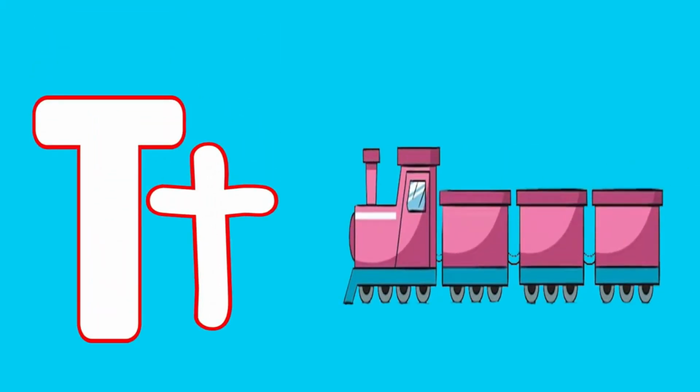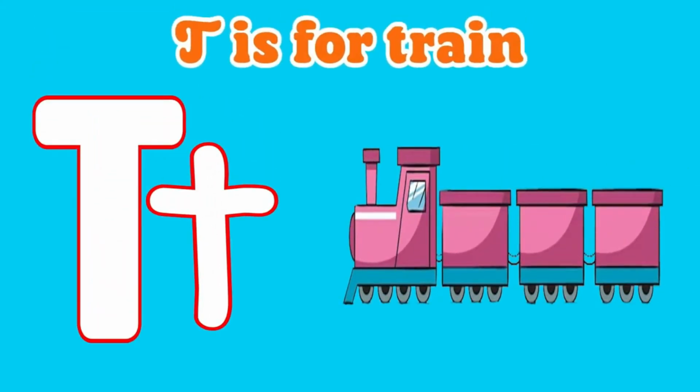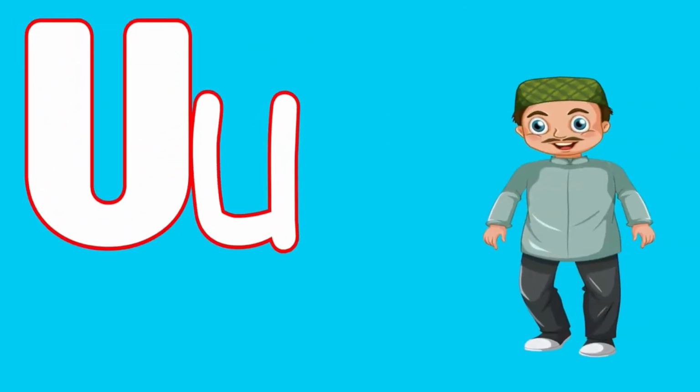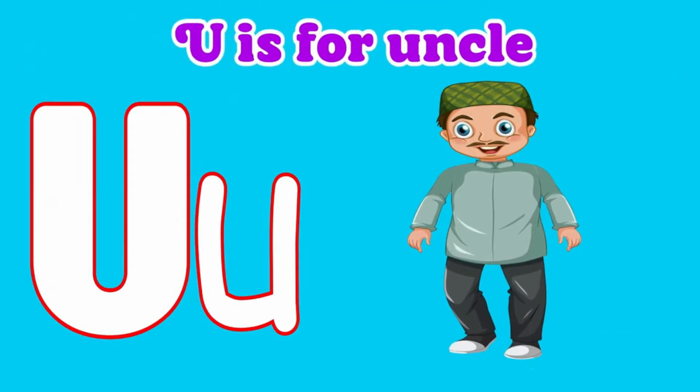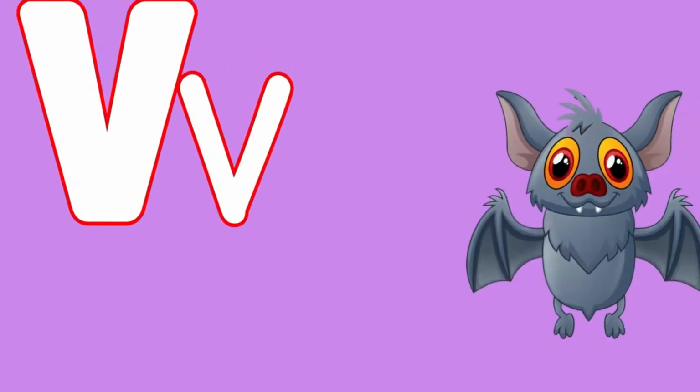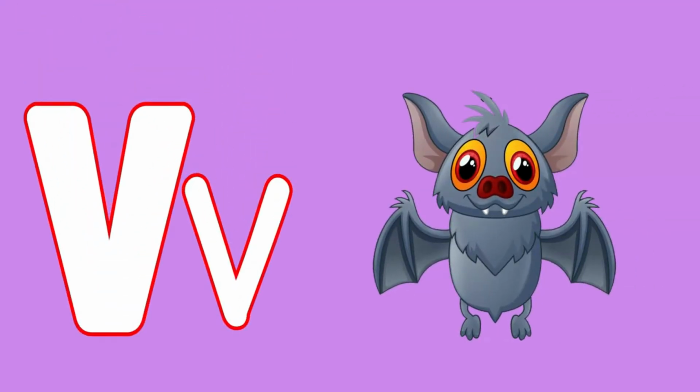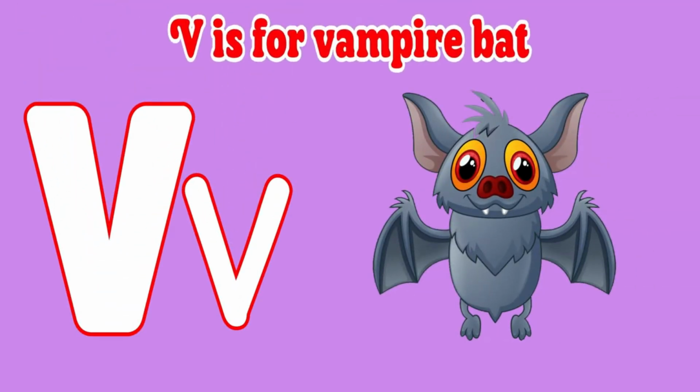T is for train. U is for uncle. V is for vampire bat.